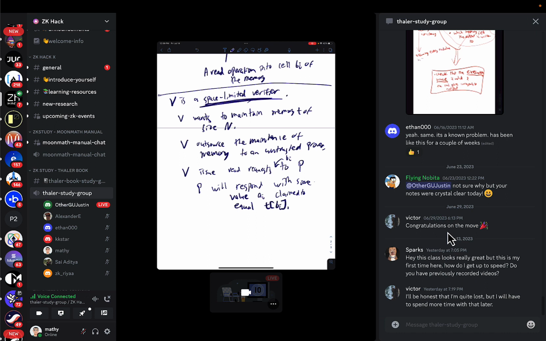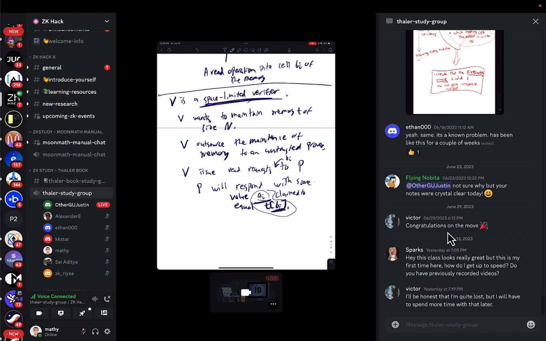Okay, so in this language, memory checking is clearly very closely related to lookup arguments. In a lookup argument, the claimed values returned from each read request, and the read requests, are pre-committed by an untrusted prover, and then the prover proves that all of the read requests were answered honestly.